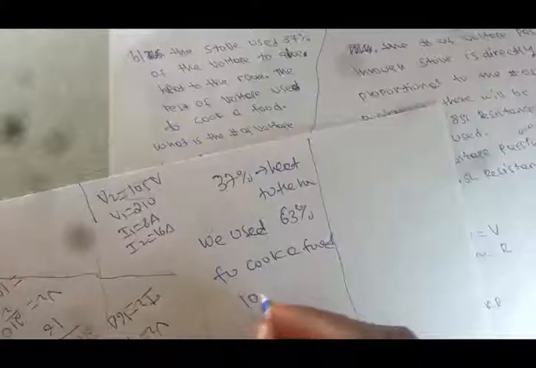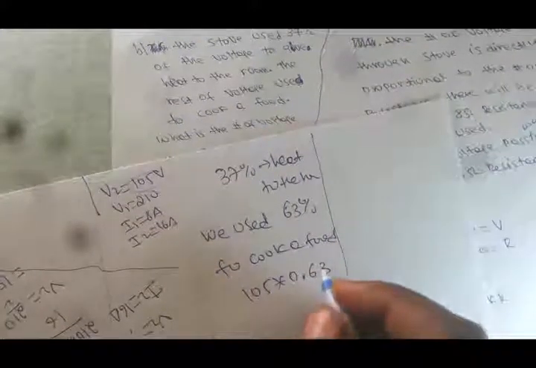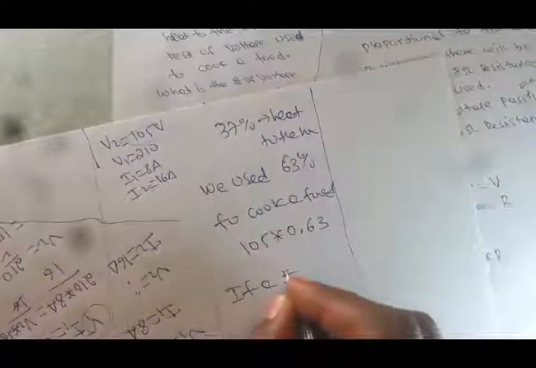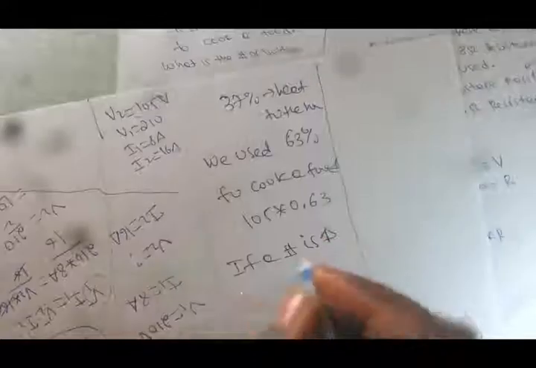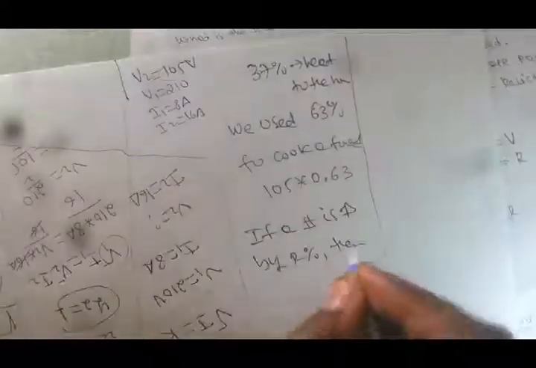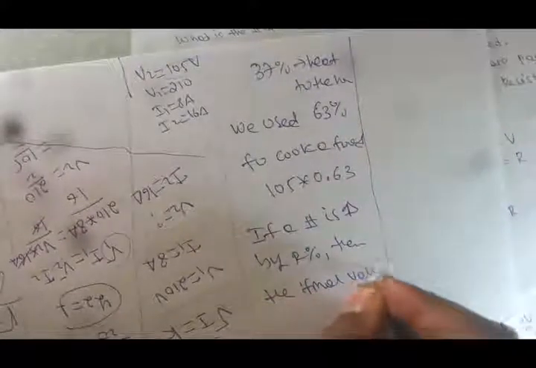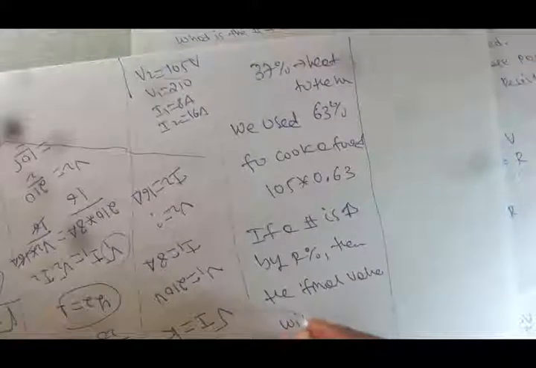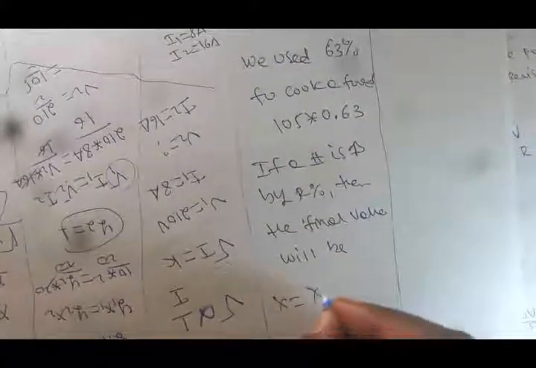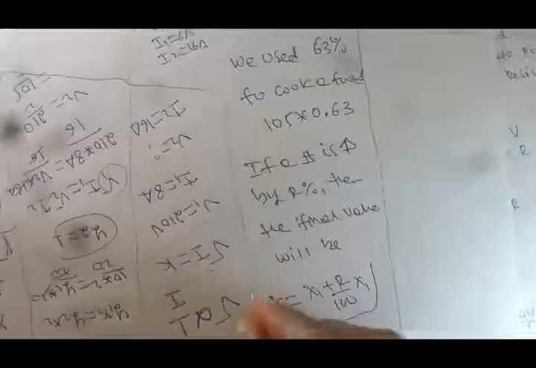Therefore 105 multiplied by 0.63. We know that if a number is increased by r%, then the final value will be x equals x1 plus r over 100 of x1. This is our equation, x final.